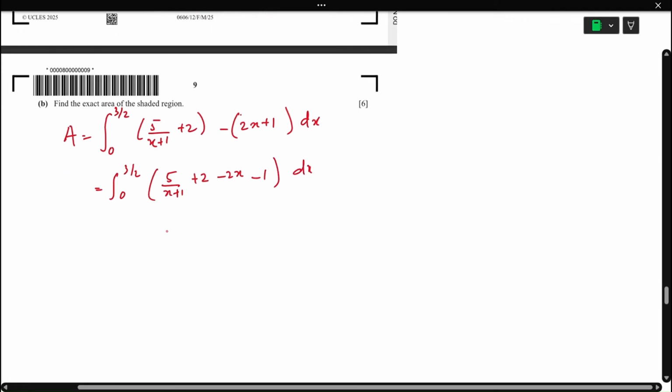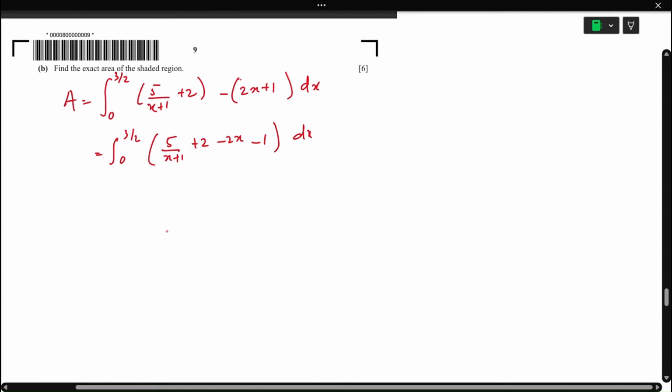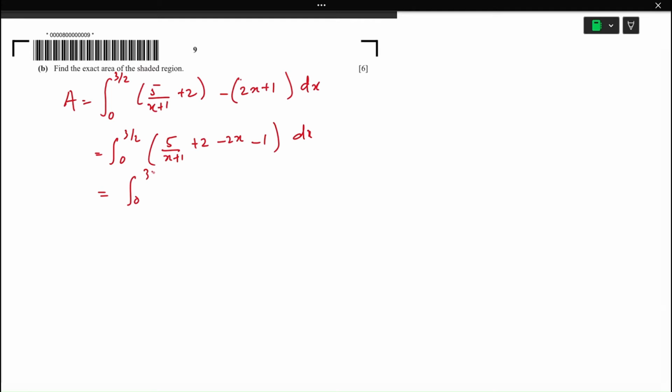Okay, so next, 0 to 3 by 2. So 5 by x plus 1, here 2 and minus 1 become 1. So plus 1 minus 2x into dx. Okay, now I'll integrate.